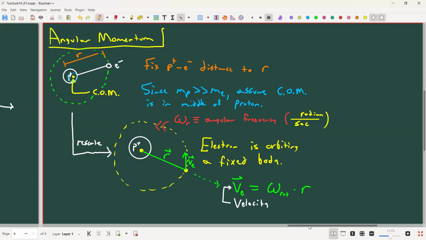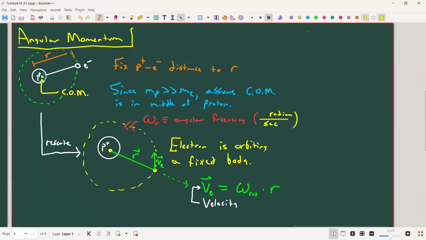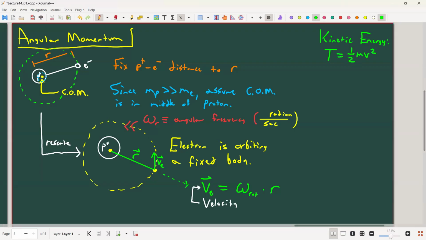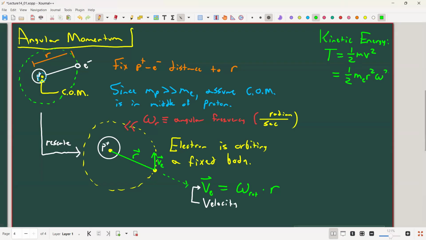So let's go ahead and use that math. Kinetic energy, and I'll just put it over here on the side, T is 1/2 mv squared, which is 1/2 m_e, the electron mass, because it's the thing orbiting, r squared omega squared.